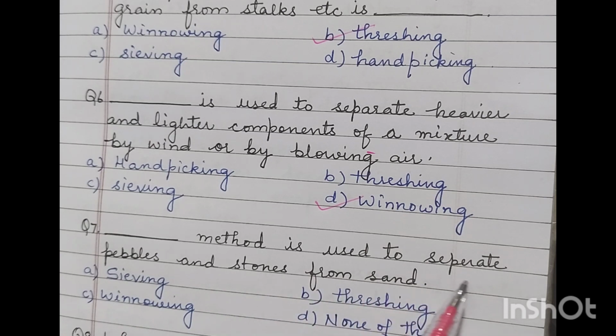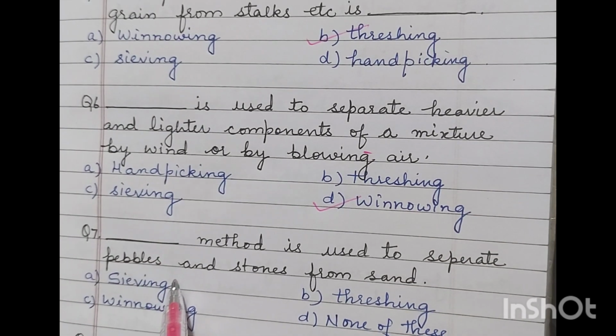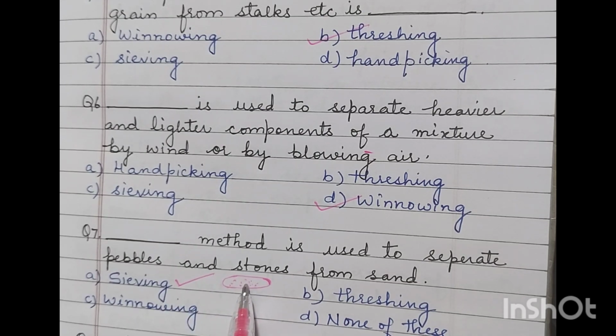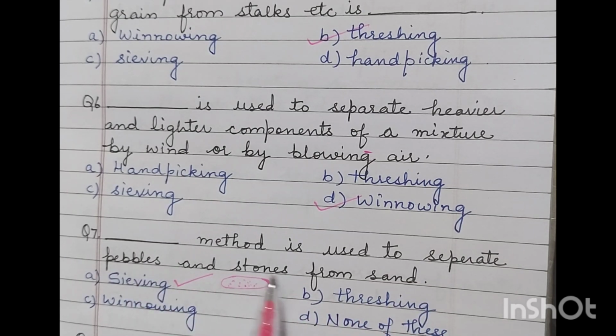Now question number 7. Dash method is used to separate pebbles and stones from sand. Which method is used? Now here we talk about the sieving method. In sieving, we use a sieve having pores or holes in it, and that sieve helps to separate the pebbles and stones from the sand particles.